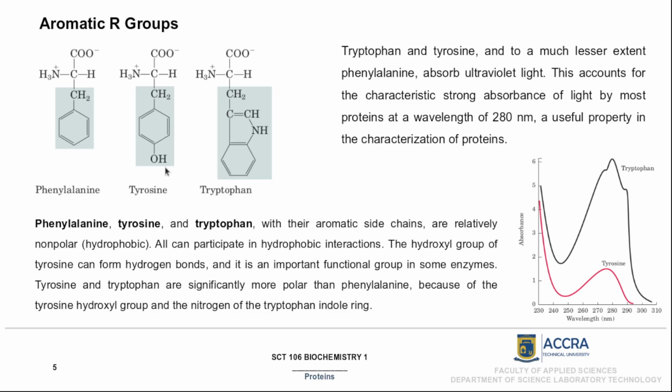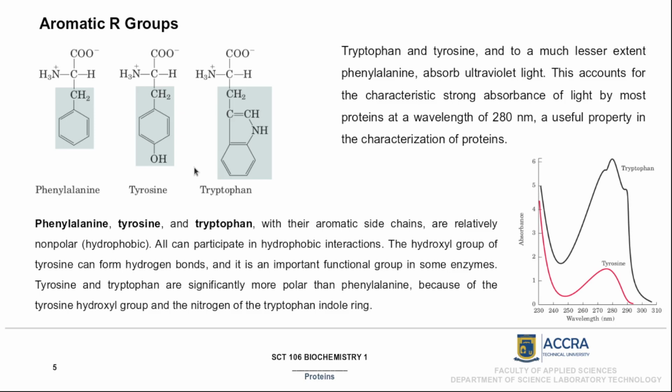Tyrosine and tryptophan are significantly more polar than phenylalanine because of the tyrosine hydroxyl group and the nitrogen of the tryptophan indole ring. So because of the hydroxyl group in tyrosine and the nitrogen in the indole ring of tryptophan, these two amino acids tend to be more polar than phenylalanine.